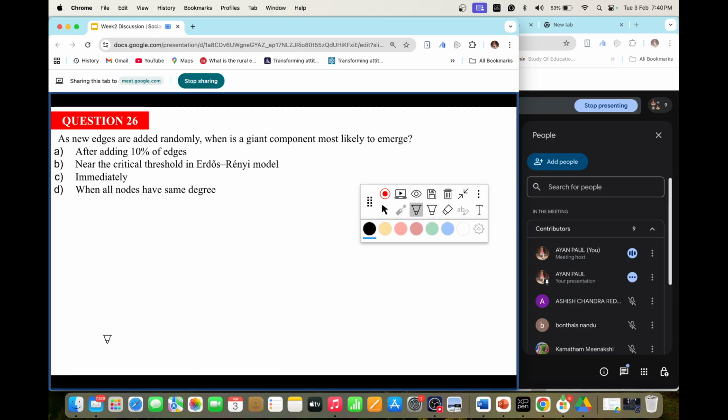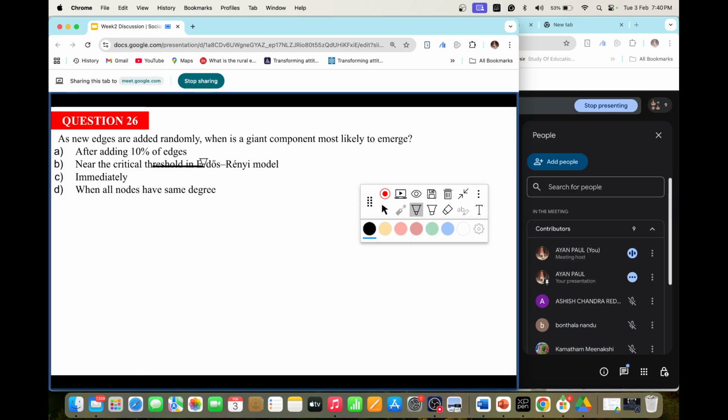As new edges are added randomly, when is a giant component most likely to emerge? After adding 10% of edges, near the critical threshold in the ER model, or immediately, or when all nodes have the same degree. So again, as new edges are added randomly, when is a giant component most likely to emerge?